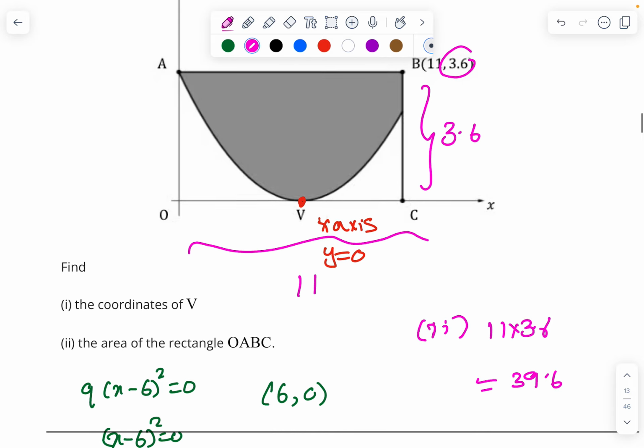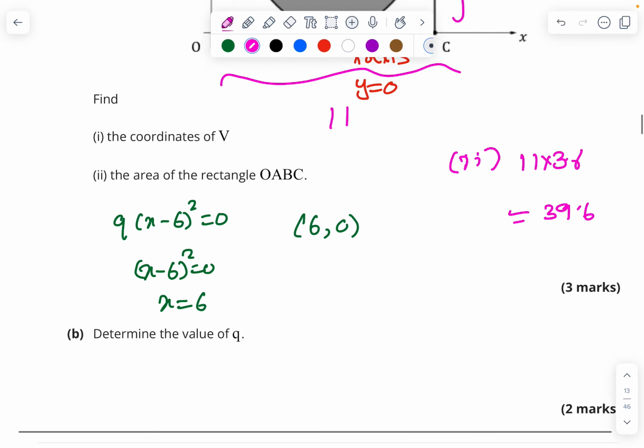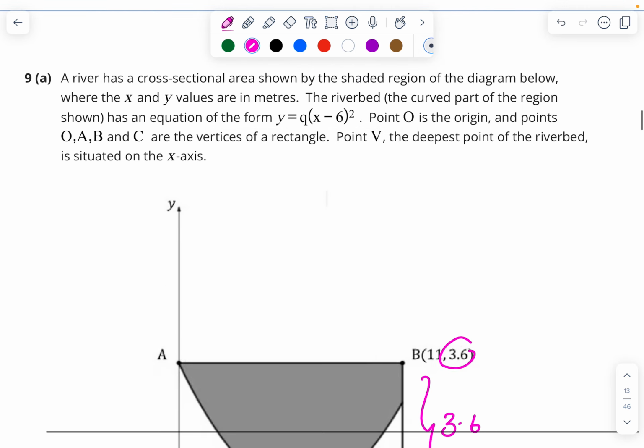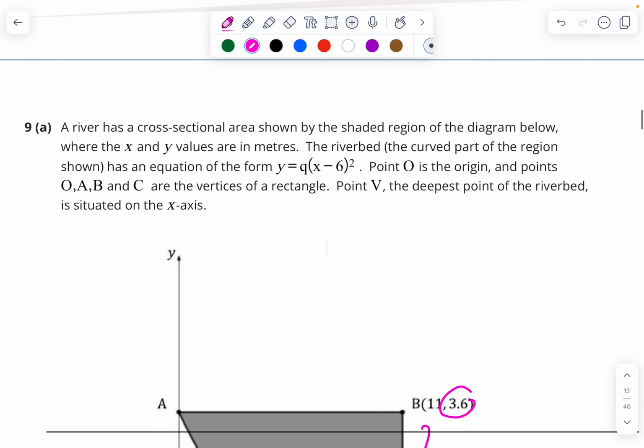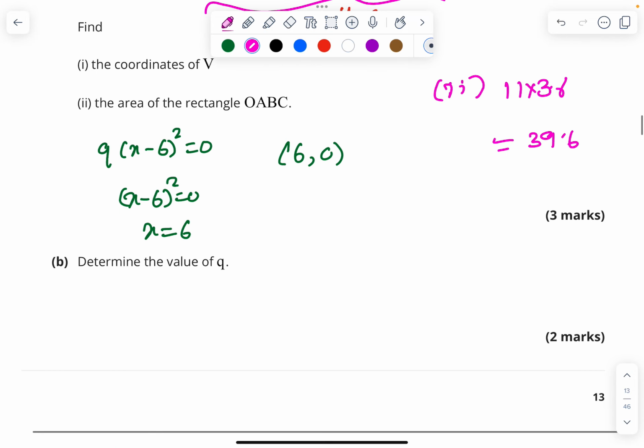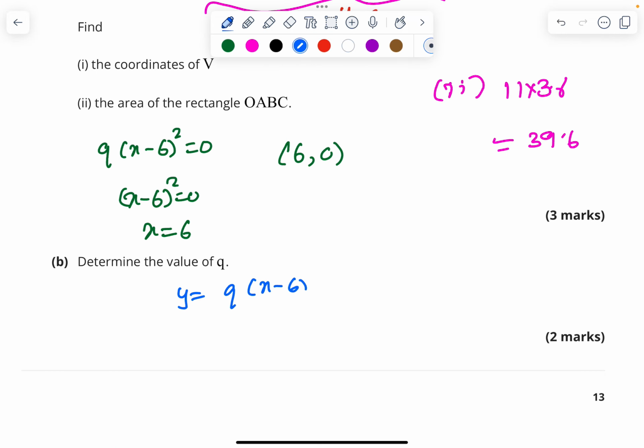Now how do I find the value of Q? So what was the equation? Y equals to Q times x minus 6 whole square.